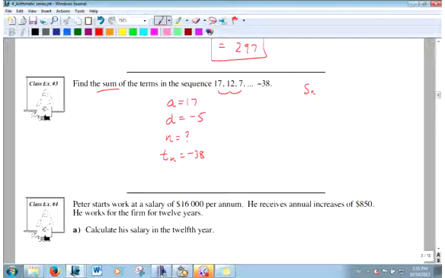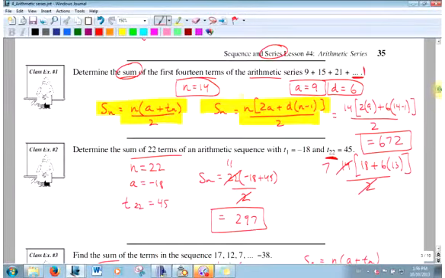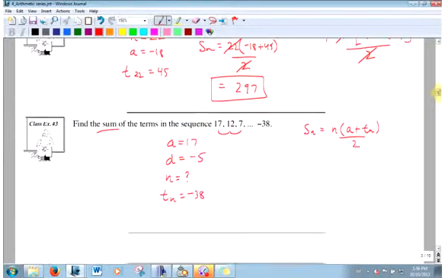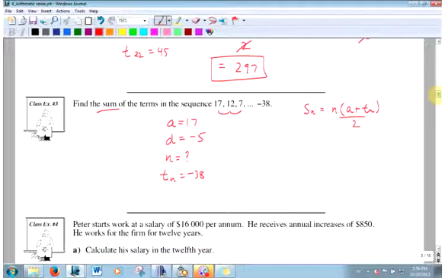I got sum of n is n times a plus t to the n over 2. Can I use that one? Do I have n? Can't use that one. What's the other one? Ah, I don't have n there either. What do I do? Can't do either formula. I need n. If there's only a way I could find out n.